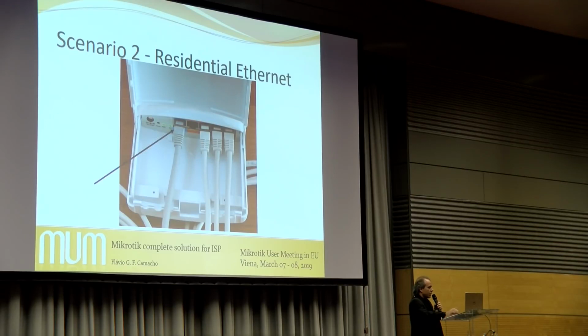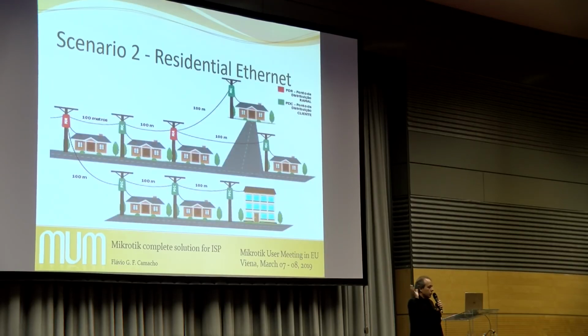This is the line in where the energy comes, the power out to the other power box, and the clients. And this is a photo of how it works. Each one of these was a power box.